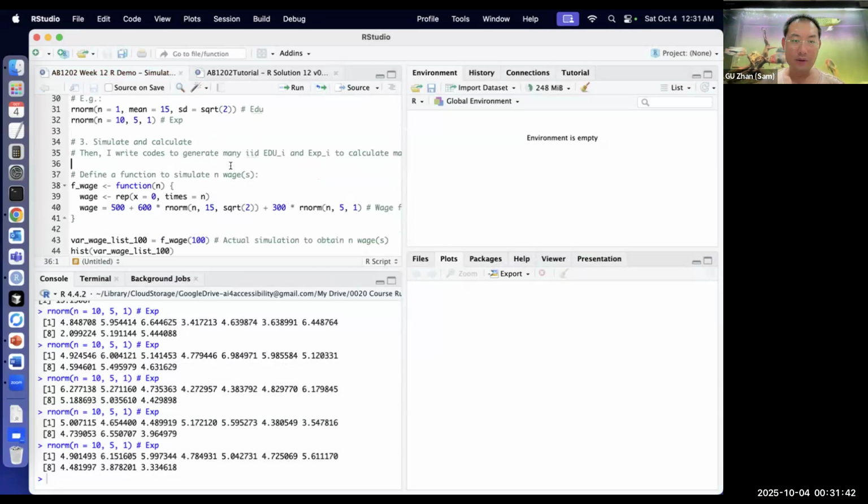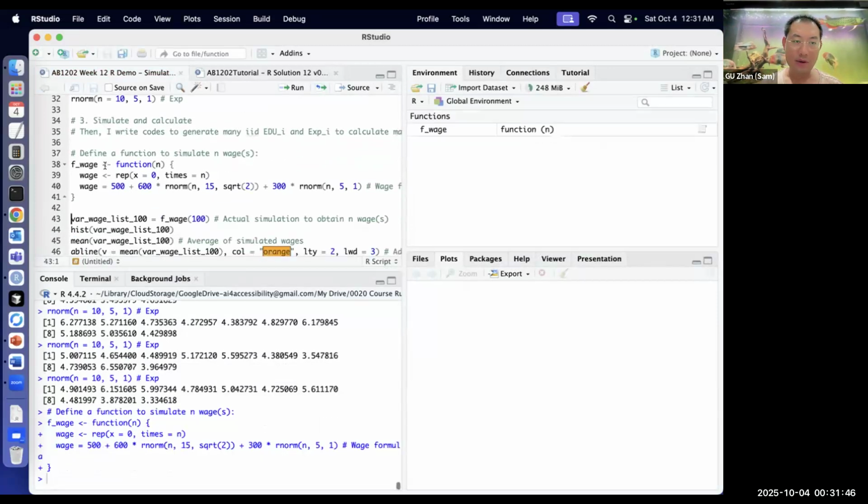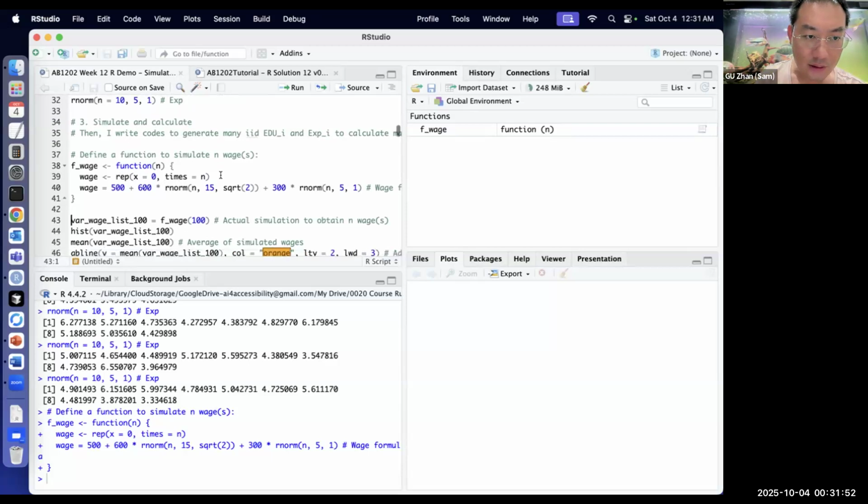Define a function to simulate the wage. So f wage is a function, then wage is the exp. REP is replicate 0 4 times of n. So if we want to simulate 100, draw 100 wages, then n will be set to 100, so that gives us 100.